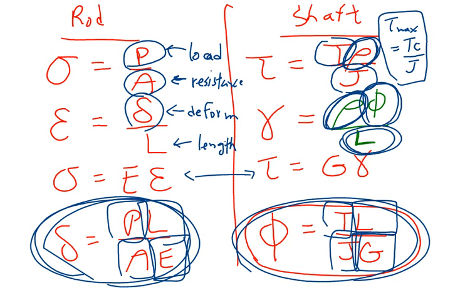All right, so we have an analogous set of equations for the shaft compared to the rod. Okay, so get very comfortable with these two sets of equations because these are basically the only equations you need when you're talking about rods in tension compression and shafts in torsion. Okay, so let's move on.